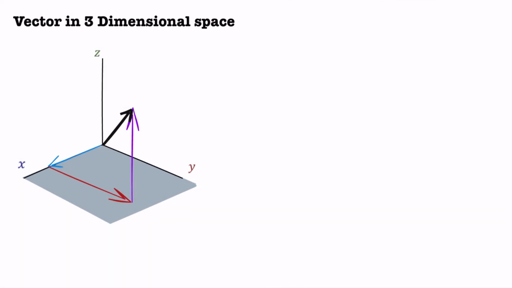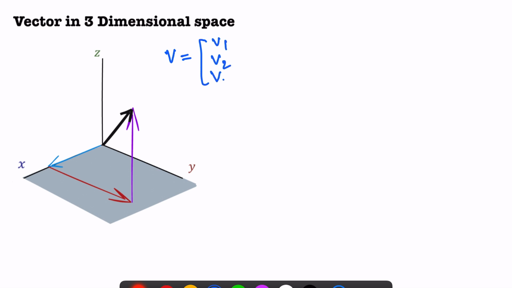Now vectors in three-dimensional space. Here we have a three-dimensional space. We have the x-axis, the y-axis, this is the xy plane, and we have one more dimension defined by this z-axis. Consider we have a vector v, that is (v1, v2, v3). First, how do we get that vector? We'll move v1 steps in the x direction.